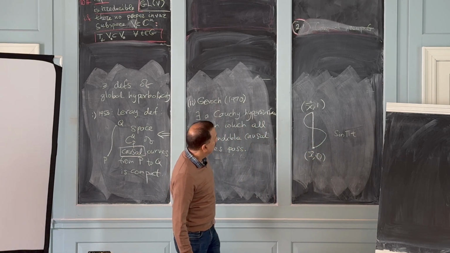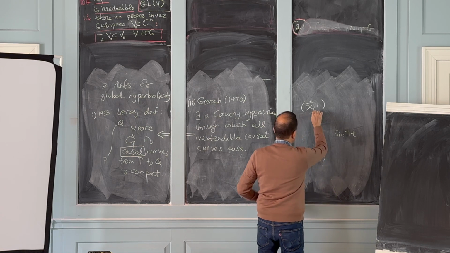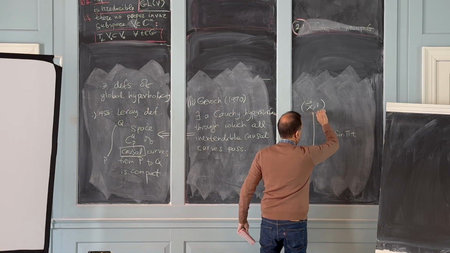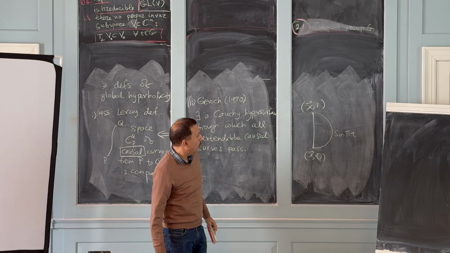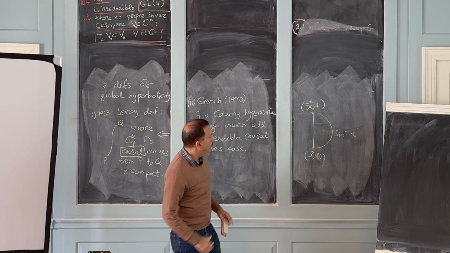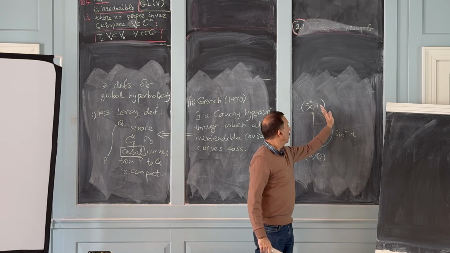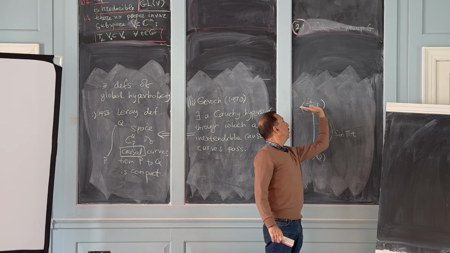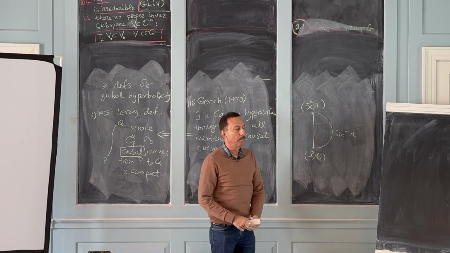Now notice that this is not causal, because this curve is vertical here, so it's causal here, but here it's at 45 degrees and here it's horizontal, which is space-like, it's not causal at all.